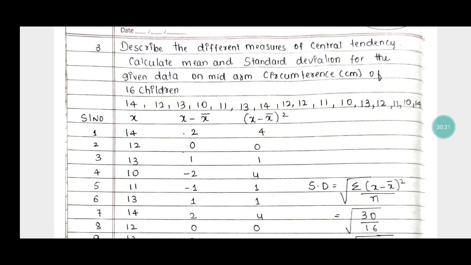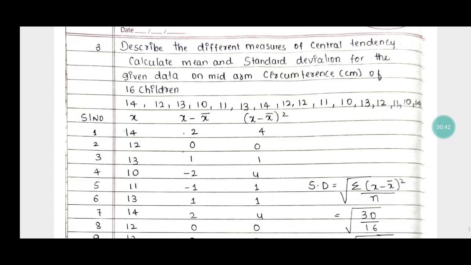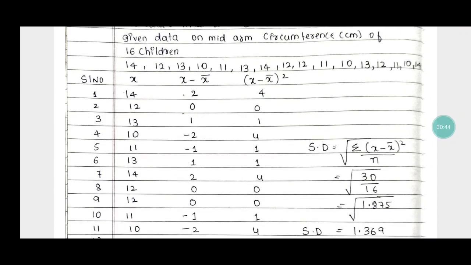And this is another question. Describe the different measures of central tendency, calculate mean and the standard deviation for the given data on mid-arm circumference in centimeters of 16 children. In the question he didn't give the frequency for the distribution, so we will not find the frequency.